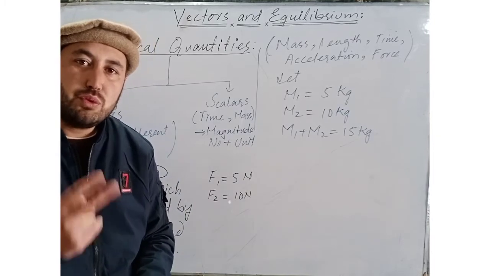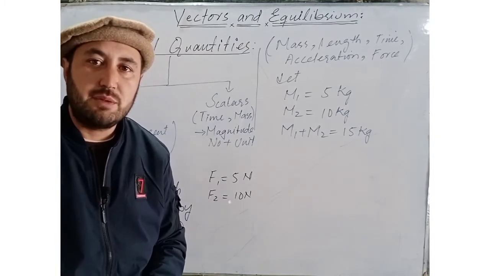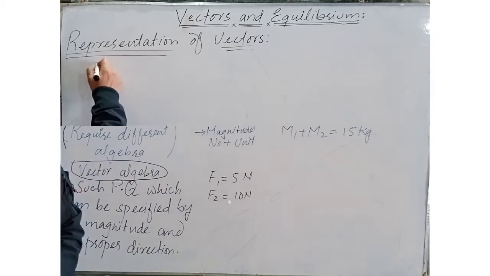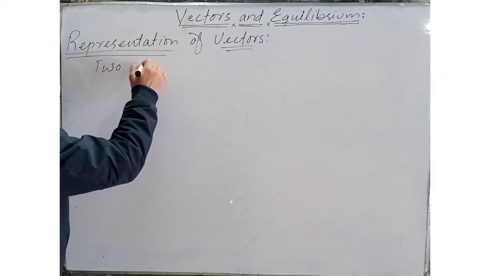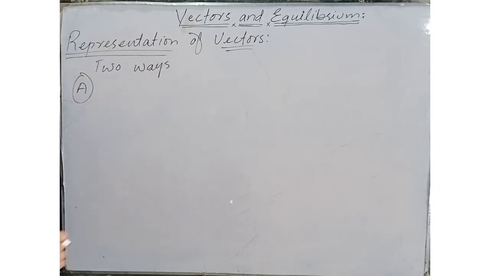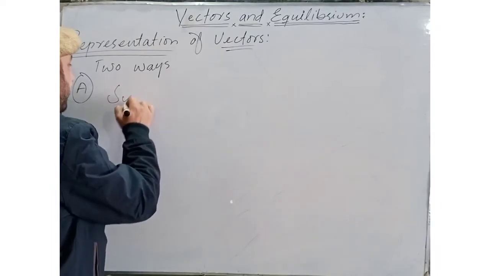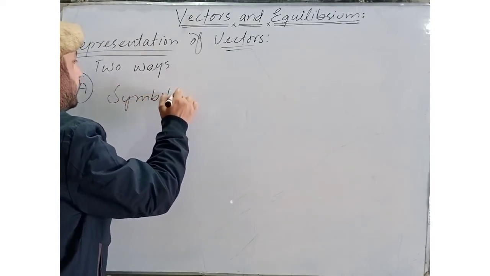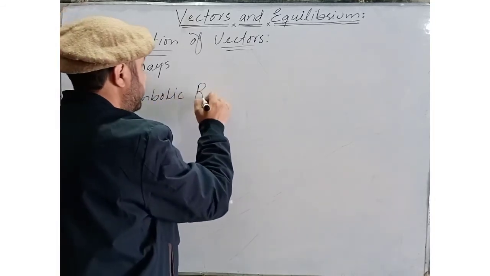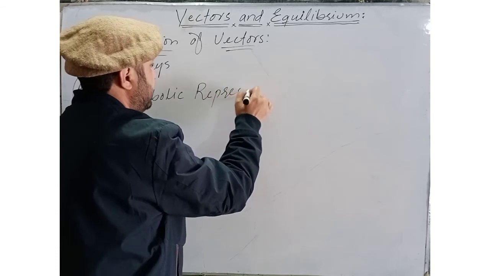There are two different ways to represent vector quantities. The first one is what we call the symbolic method, symbolic representation.